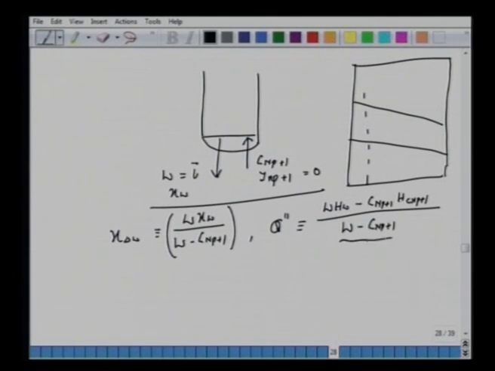So look at the difference. We said that bottom W earlier was the difference of L_NP minus G_{NP+1}. But now we have the net molar flow rate as W minus G_{NP+1}, because we have this pure steam here.